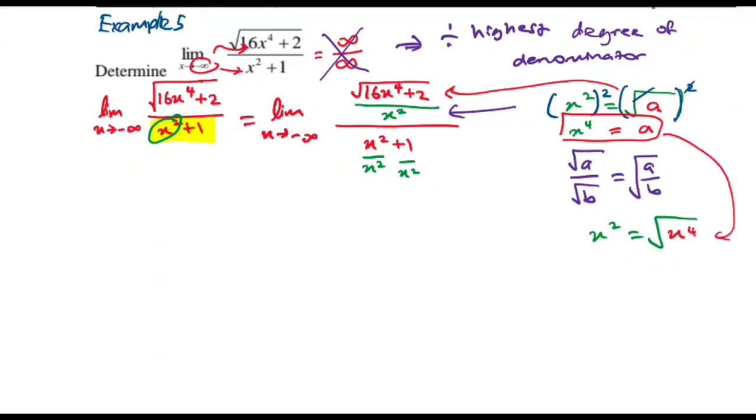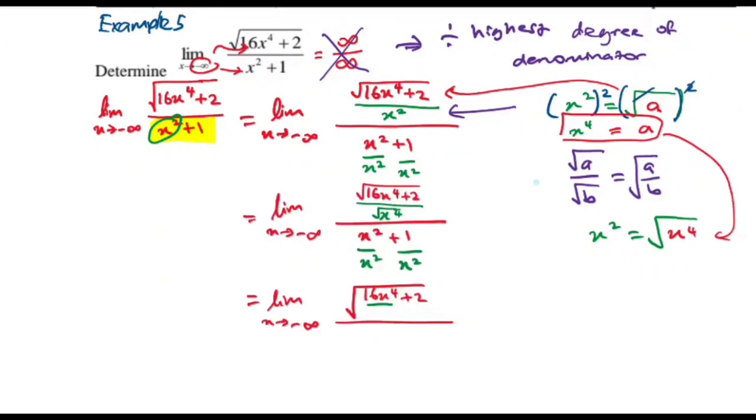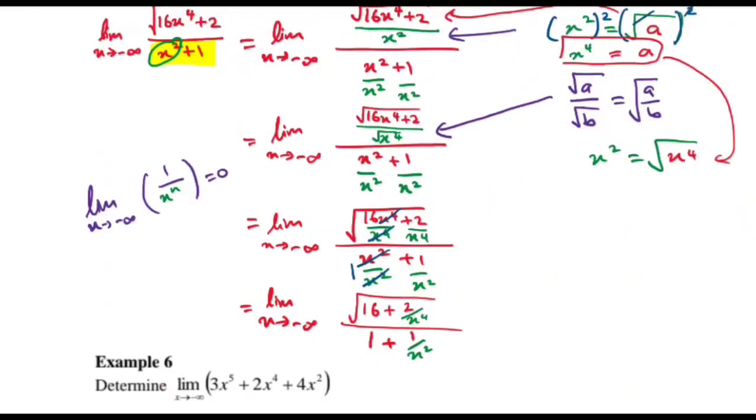Now we can apply the property of square root of a over square root of b equal to square root of a over b, and then we can put them in one big square root and then divide each of the terms with x power 4. Simplify. X power 4 divided with x power 4, x power 2 divided with x power 2 is equal to 1. And then to simplify this, remember the theorem.